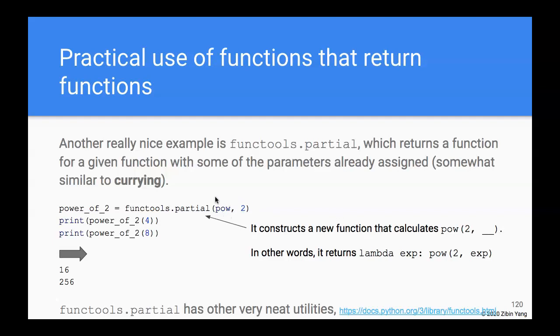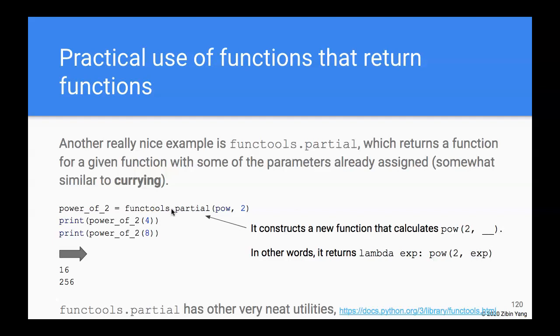So for example, here the given function is power. Power takes two arguments, the base and the exponent. So partial returns power, but with the base already filled in, because we specify 2 here, so the base is assigned the value 2. So the function that it returns will require one argument for the exponent.